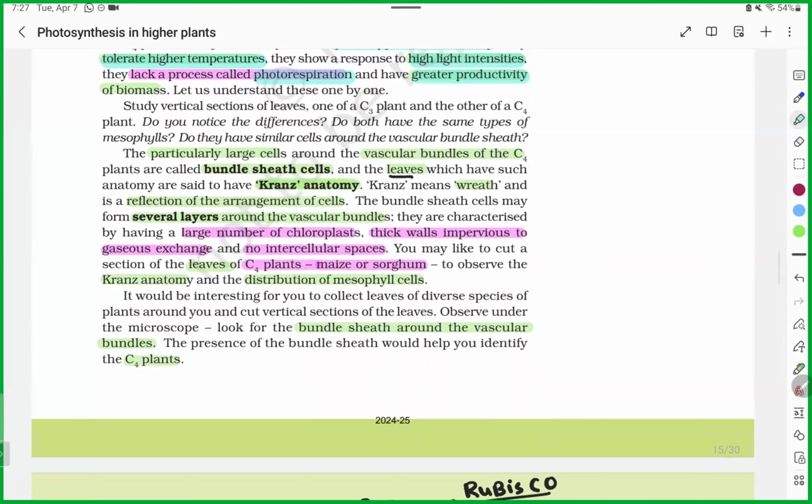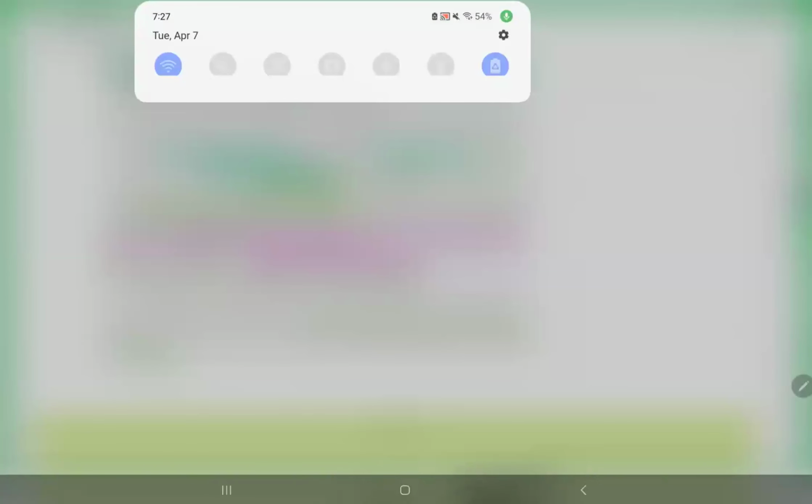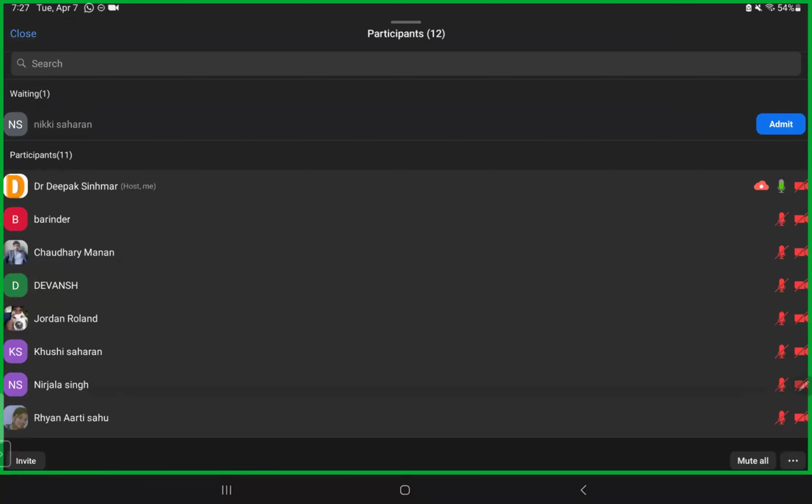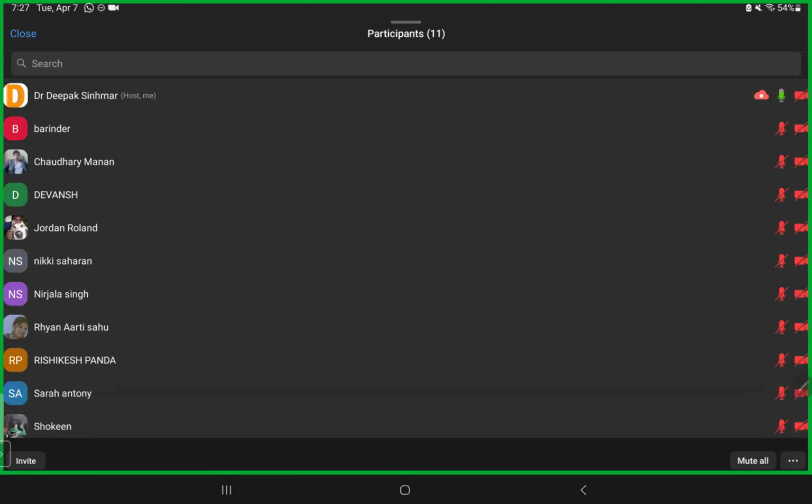So there are special large cells present around the vascular bundle. Vascular bundle means xylem and phloem. In C4 plants, this large cell around the vascular bundle is the bundle sheath cell. You must have read this same thing in your anatomy of flowering plants.